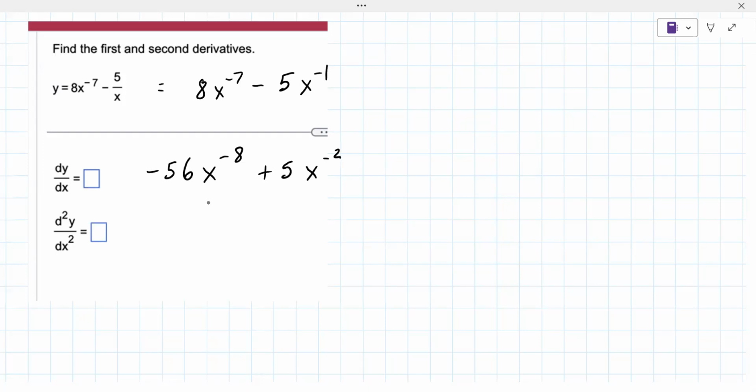I got 448x to the -9th minus 10x to the -3. Yeah, really good.